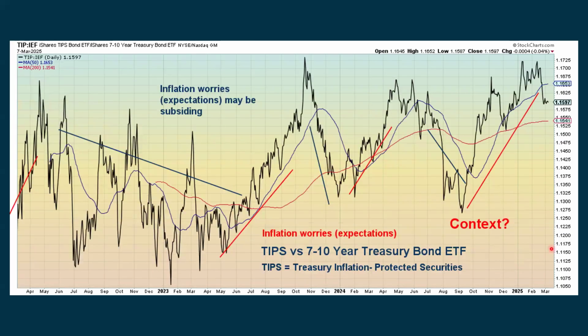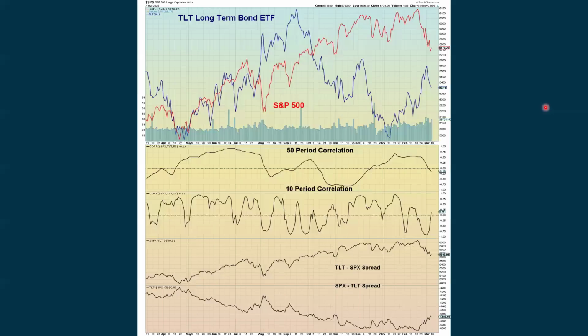And this is that same thing, but looking longer term TIPS to 7 to 10 years. This going up, yeah, the market was getting concerned about inflation and interest rates, but lately it's been coming back down.